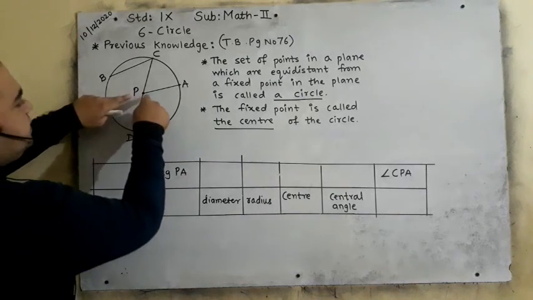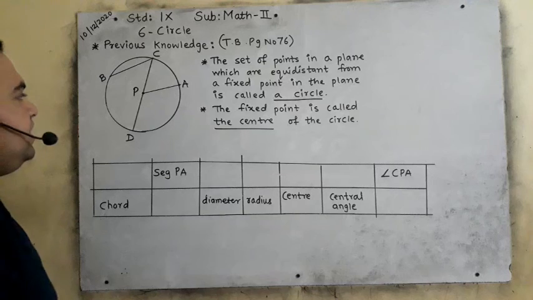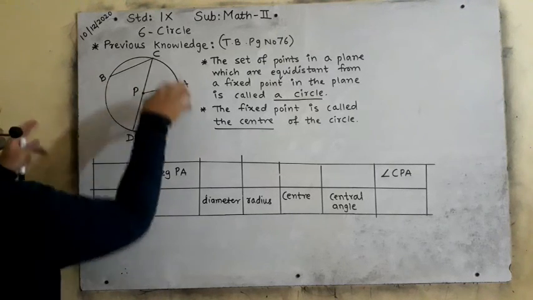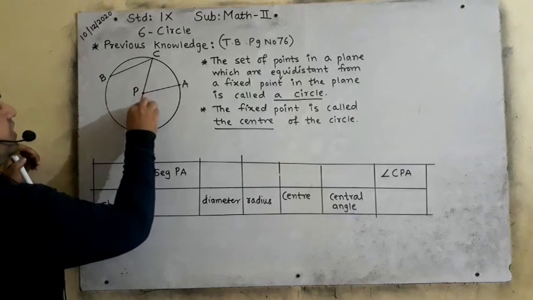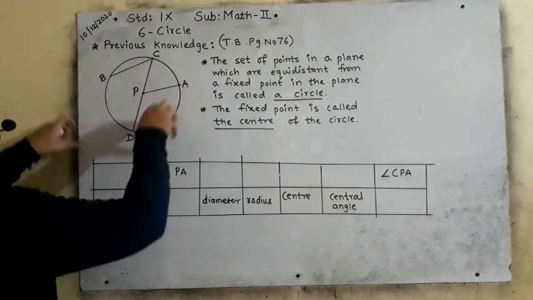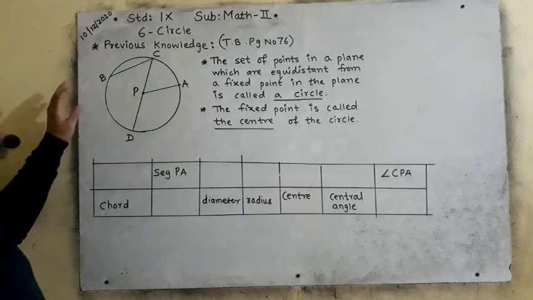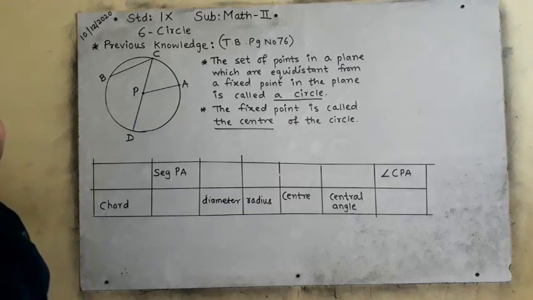That fixed point is called the center of the circle. In this figure, you can see the point P is the center of the circle and there are some points on the circle. They are equidistant in a plane.